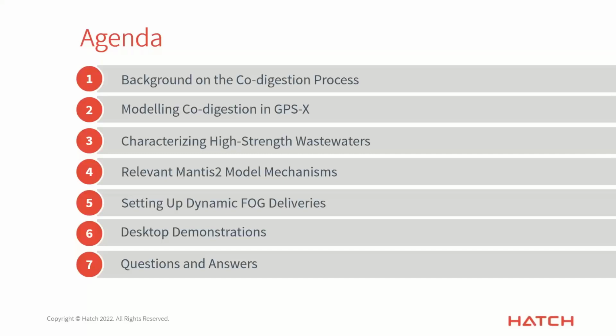And also, I'm going to talk about setting up dynamic FOG deliveries. And by that, I mean using the truck icon to represent an intermittent batch delivery of some waste that is added to your digester. And as usual, I have a couple of desktop demonstrations that I'll be putting together. And then lastly, of course, I'll answer any questions that you might have.